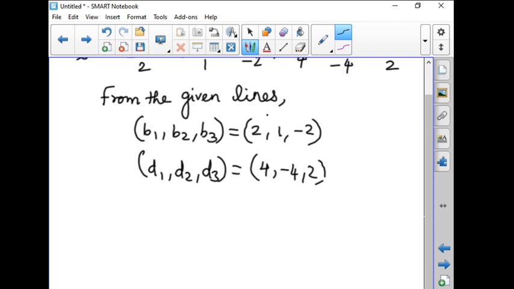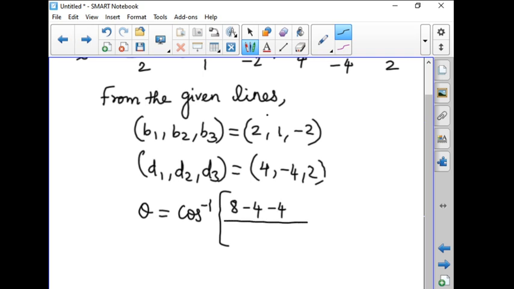Now let the acute angle between the two straight lines be theta, equal to cos inverse of, what's the formula for angle theta? b1 into d1 plus b2 into d2 plus b3 into d3, isn't it? So 8 minus 4 minus 4.